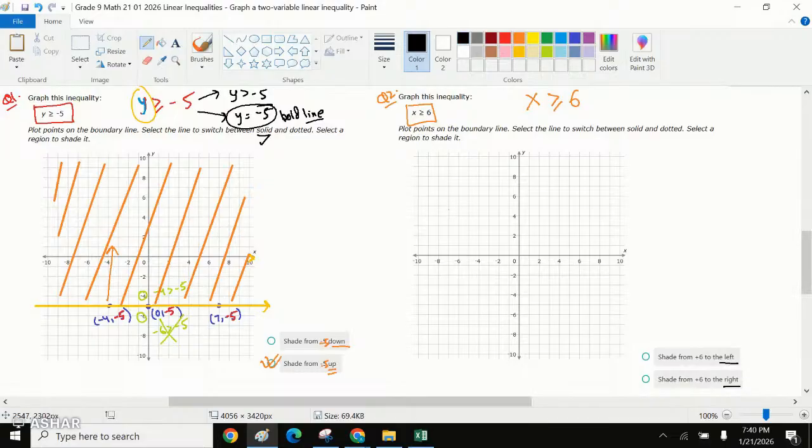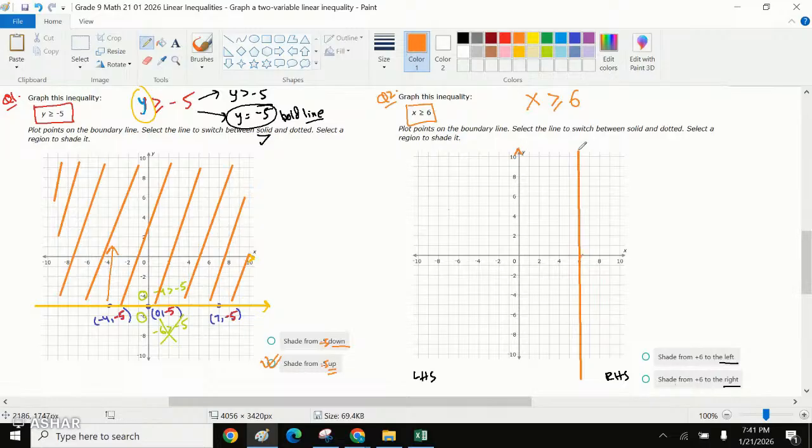It says left and right. When we are looking at a page, this is the left hand side and this would always be the right hand side. So which side should we shade? We know that x was greater than or equal to 6, and we have an equal sign.